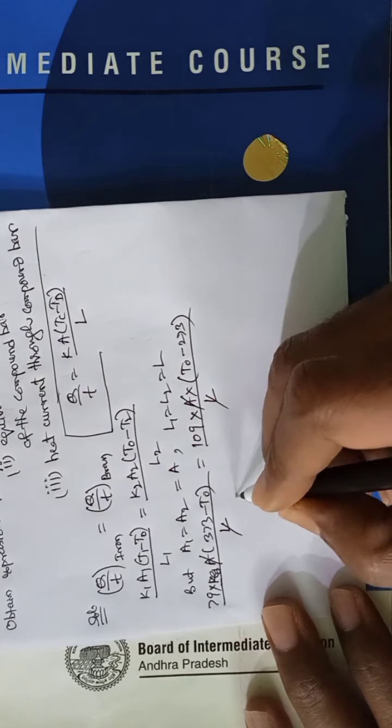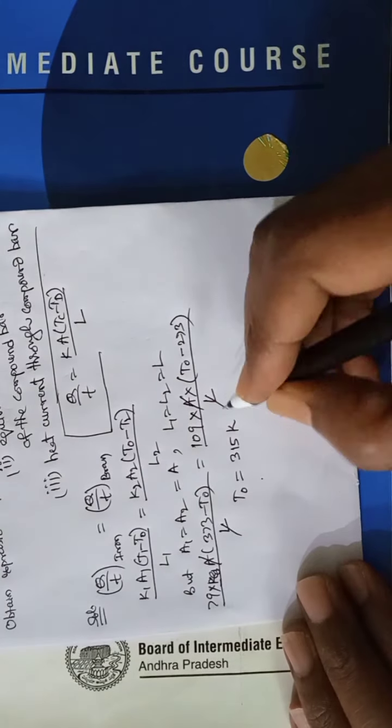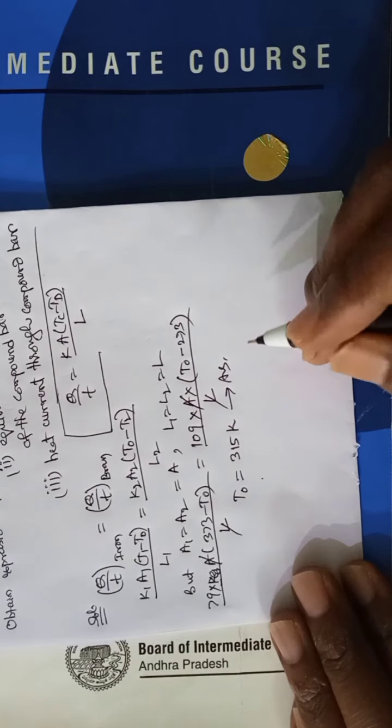From this we get the T0 value. The value is 315 Kelvin, but actually the answer is not asked.